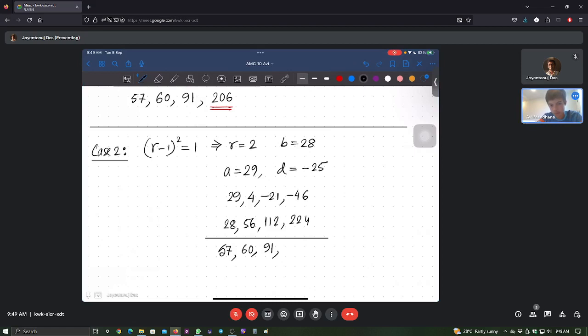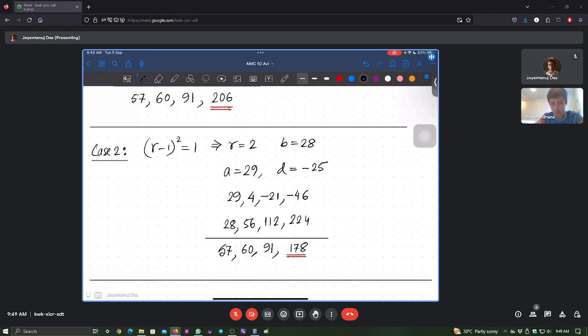The last one is not the same; it would be 178. Check once. It is 178, right? That will be different because our conditions are different, so that will differ. That is obvious. But the thing is, we will have one answer.